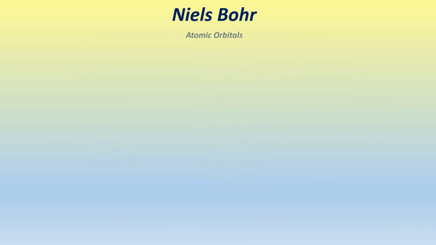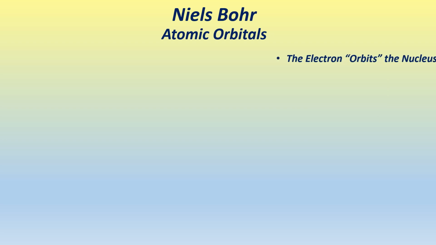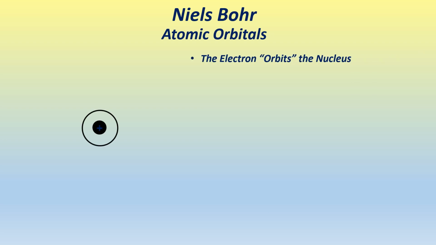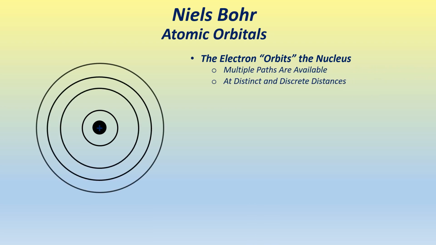In the Bohr model, which is called the planetary model, the electrons travel in various orbits around the nucleus, and these orbits are well separated. There are multiple possible orbits. So the electron can be either in the first orbit, the second, or the third.